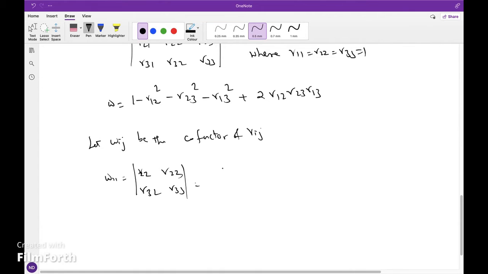Already given r22 is 1 and r33 is 1, so it is 1 minus r23 r32. So with the cofactor signs, plus or minus, we can find omega 11, omega 12, omega 13 and so on.